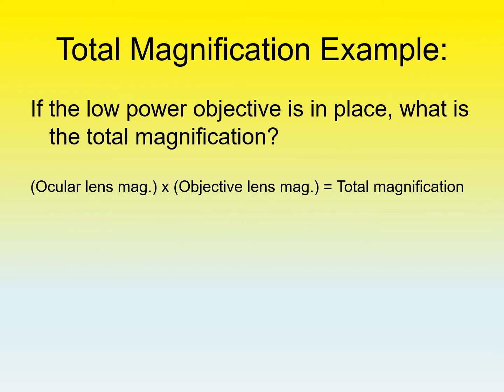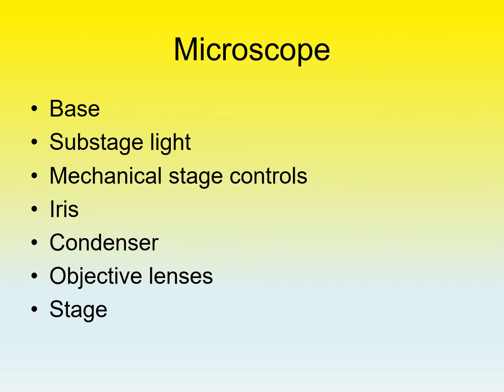As an example, if the lowest objective lens is in place, what's going to be the total magnification? Remember, you just multiply the two numbers together. If the ocular lens is 10 and the objective lens is also 10, you multiply them so it'd be 100 times.